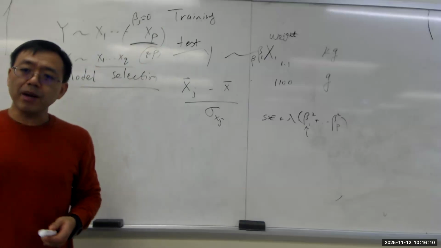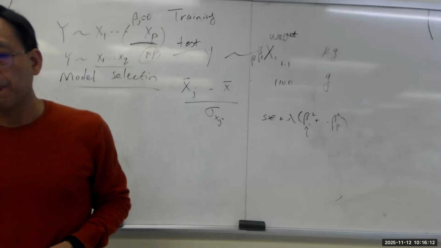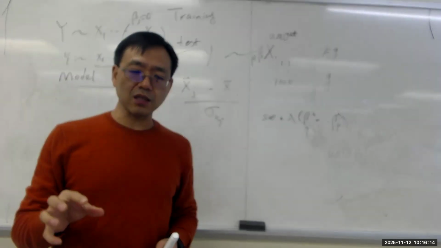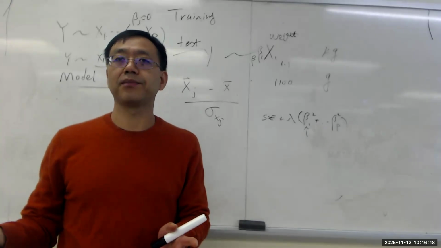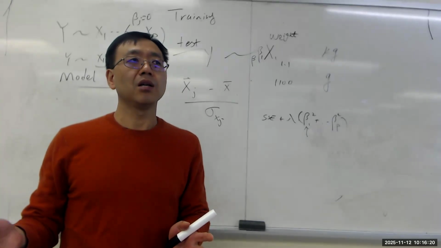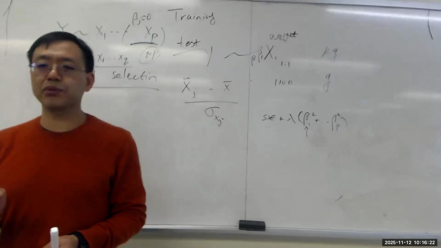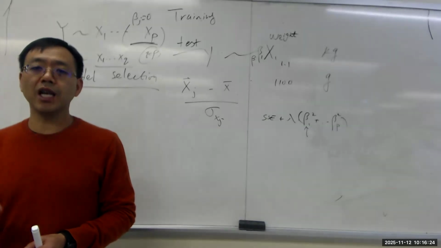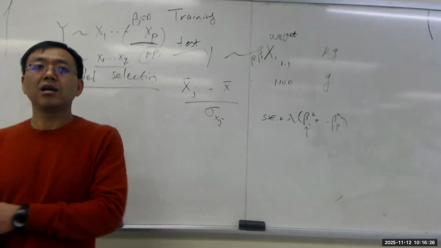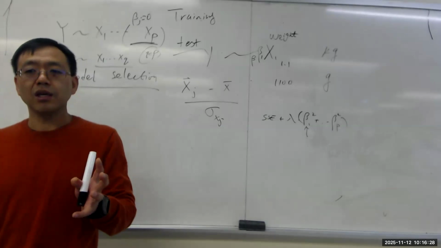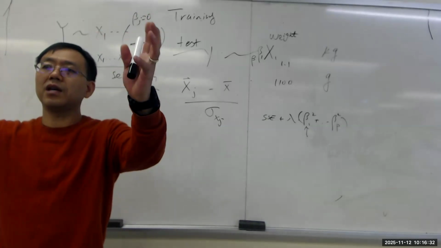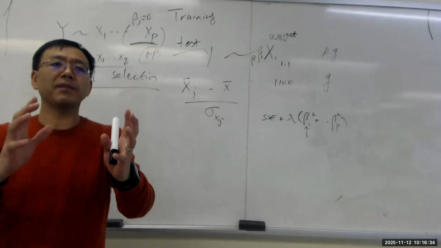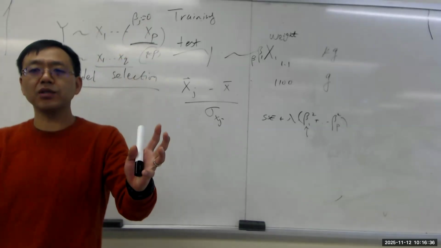So if you can make a coefficient equal to 0, then in essence what you're doing is actually model selection. So the lasso actually has a property of model selection. Like ridge, in most cases there is model estimation: you're given a set of x, you try to estimate the coefficients.